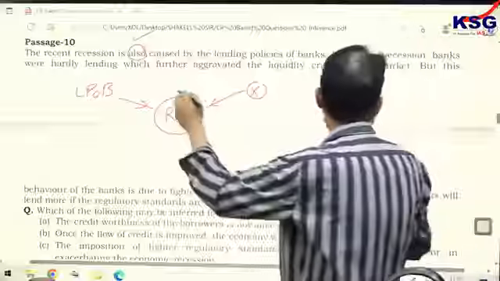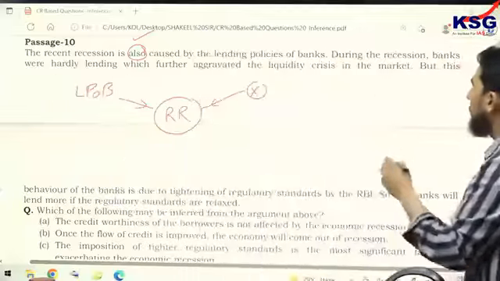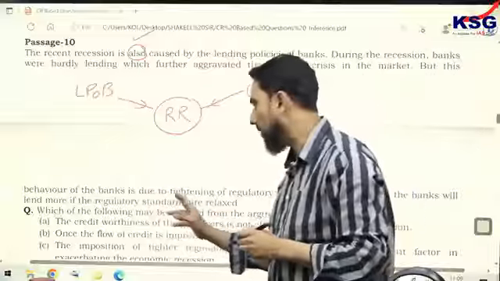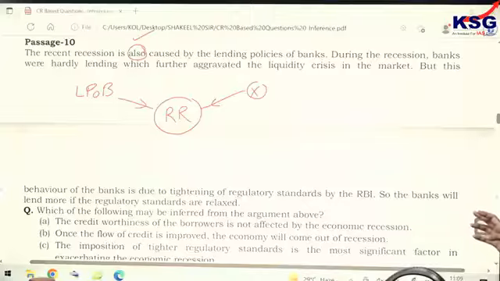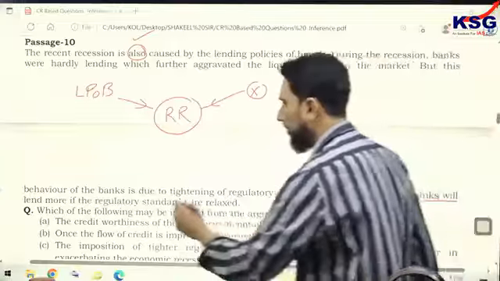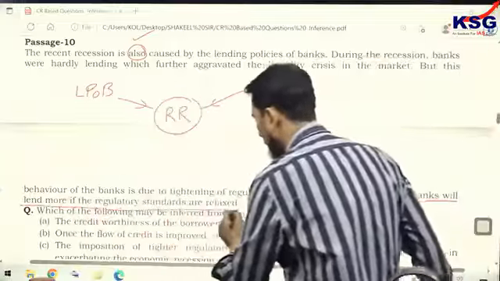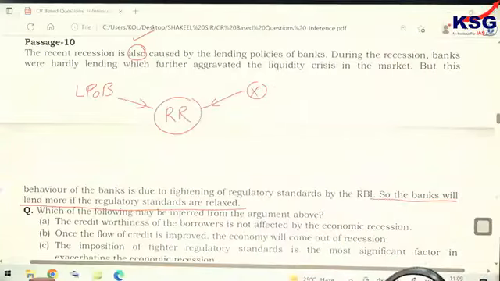Author explains, during the recession, banks were hardly lending, which further aggravated the liquidity crisis in the market. But this behavior of the banks is due to the tightening of regulatory standards by the RBI. So the banks will lend more if the regulatory standards are relaxed.